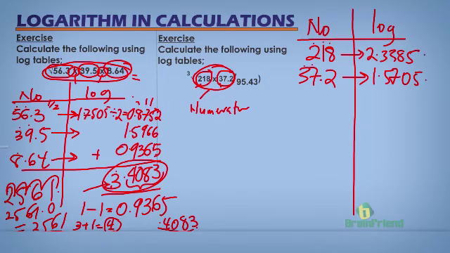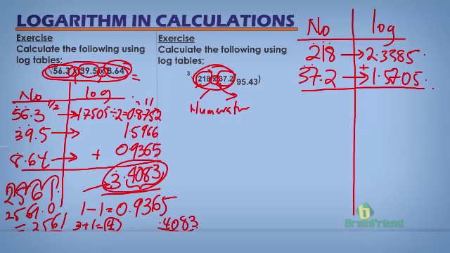From our operator, which is a multiplier here, this indicates that the product law of indices states that we will add the values of our log numbers.